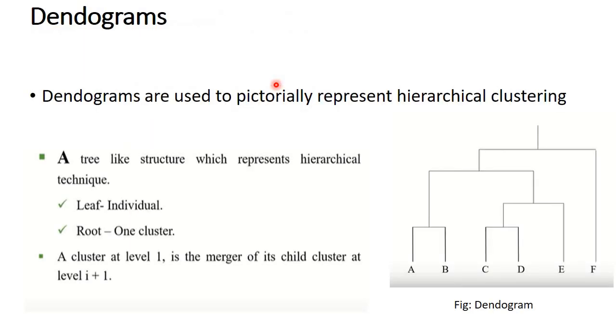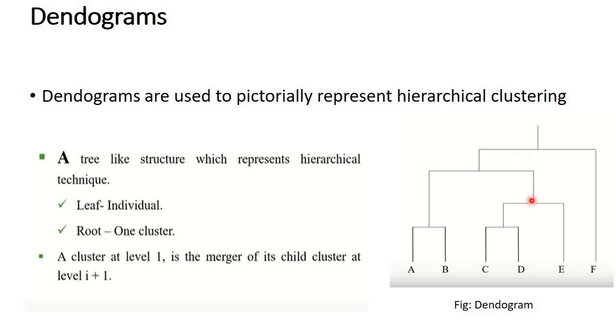Now, in between, there's one more small concept that has to be covered, which is called dendrograms. Dendrograms are nothing but the pictorial representation of hierarchical clustering. What you can see here is a dendrogram, which says that A and B are similar. Every root here shows a cluster. CD is a cluster. CD along with E forms a cluster.